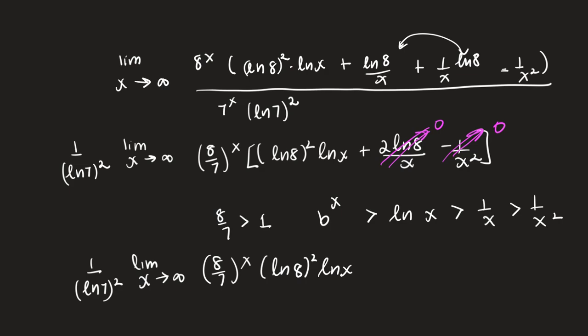And we can see that this expression is just going to get bigger and bigger without bound, which is equal to infinity. But you know, we could have done this without even doing the L'Hopital's rule.